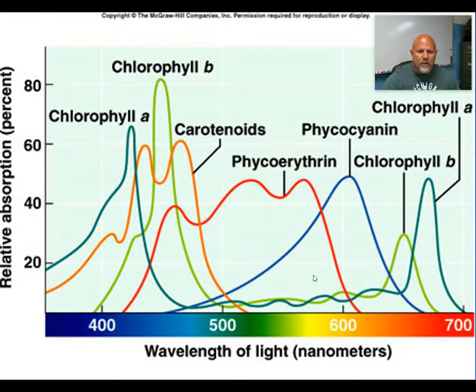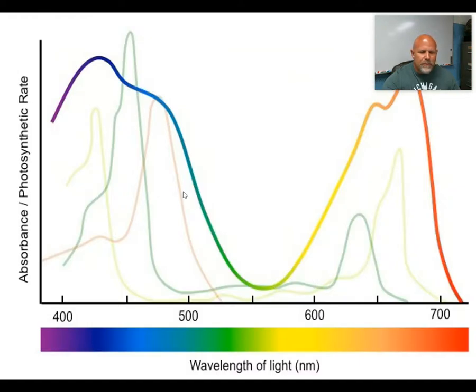If we look at the overall absorption spectrum of photosynthesis, it mostly absorbs the violets and blues. It doesn't do a very good job with the greens. It gets a little bit of the yellows and oranges and reds, but it's better than what the chlorophylls by themselves was. The accessory pigments boost those areas that were not so good.